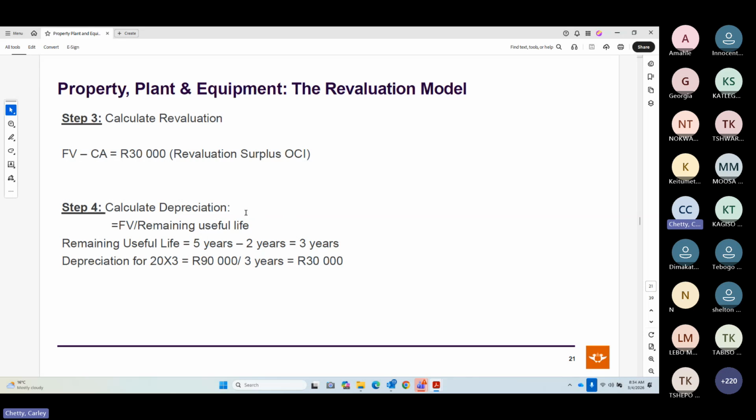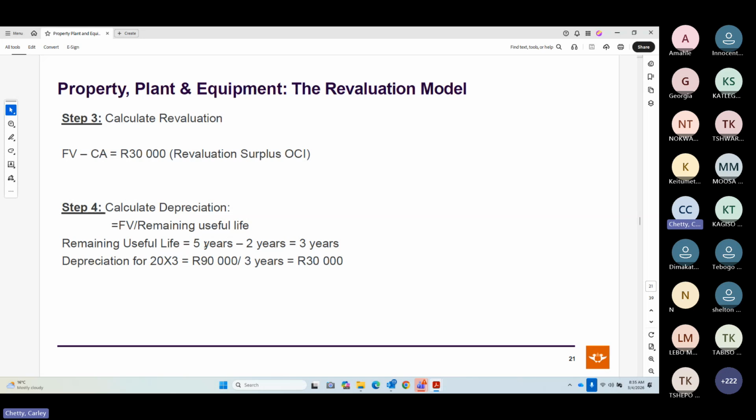Step 4 said calculate depreciation. So now we are going to take the new fair value, which was given to us in the scenario of 90,000, and we're going to divide by the remaining useful life. So remember, the total useful life given at the date of purchase was 5 years. We've already depreciated for the 2021 year and the 2022 year, so we've already depreciated for 2 years.